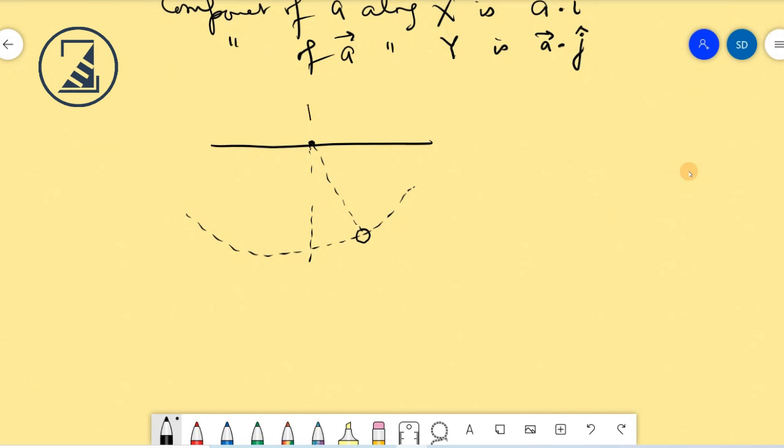This is my y-axis and this is my x-axis. This is my string. The weight of the pendulum is acting downwards. This is the weight, and the tension of the pendulum is acting along the string. This is tension.